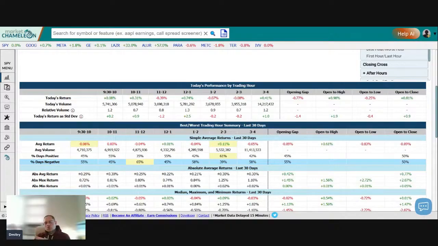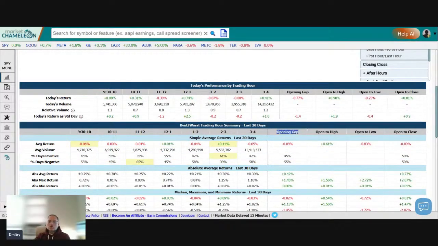If we wanted to compare the other moves from opening gap, open to the high, open to the low, open to the close. Here we see the opening gap, up or down, almost 50-50, 45% up, 55% lower, average loss of 0.9%.